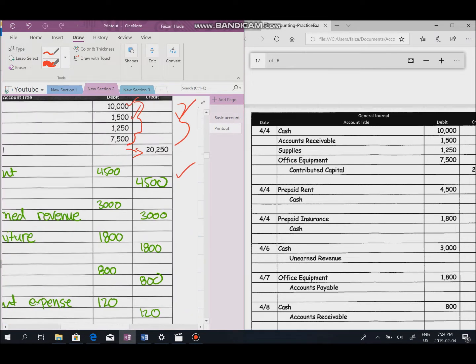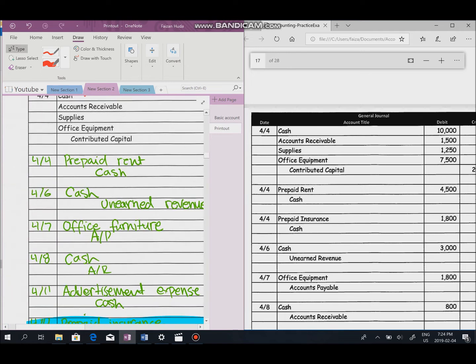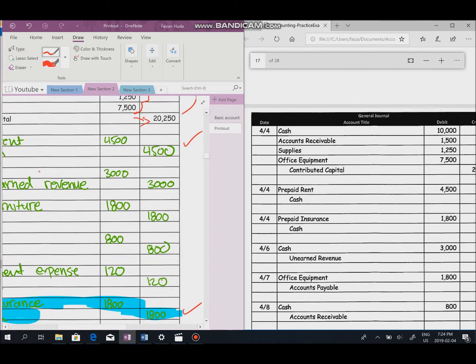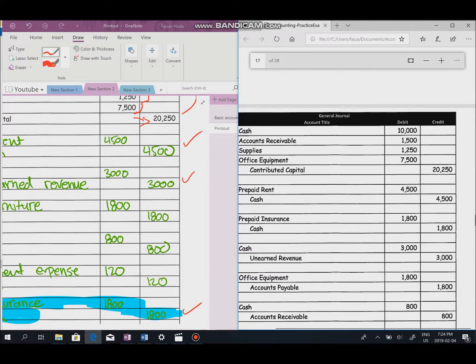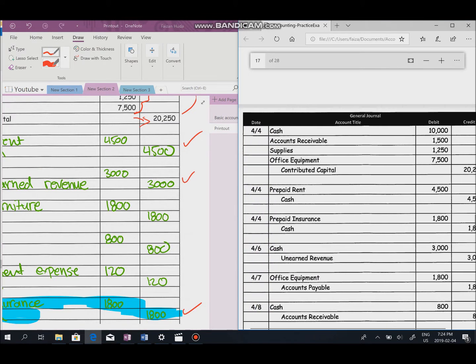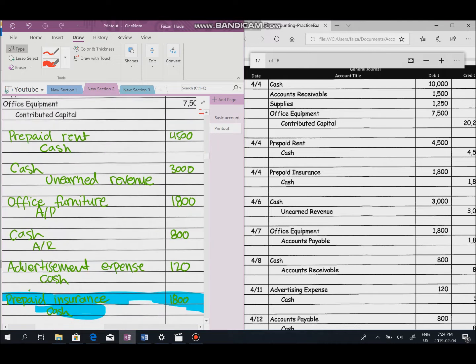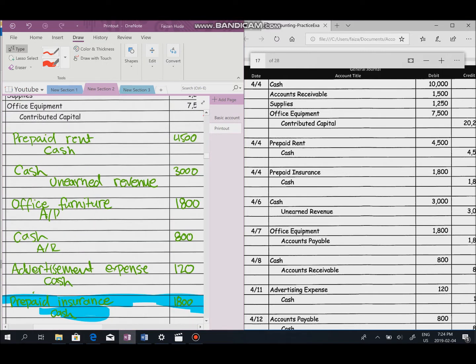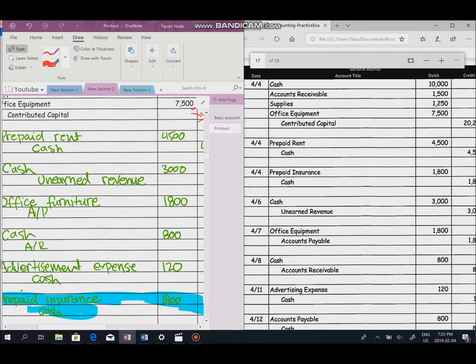We're right. Moving back to 4.6, cash and revenue. We're right with $3,000. Yep. Office furniture or equipment is the same thing. I'll just correct it.